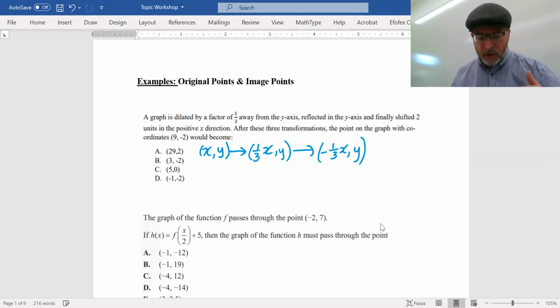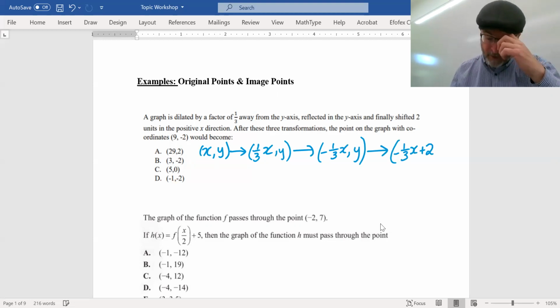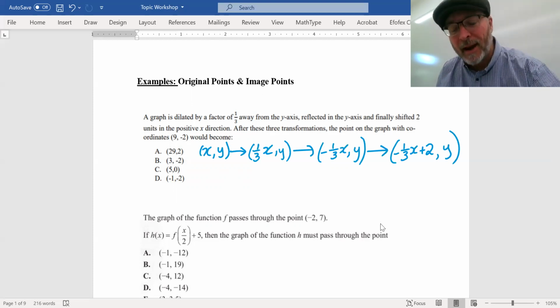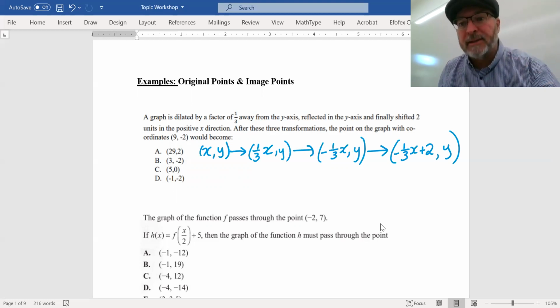And finally, it was shifted 2 units in the positive x direction. So we have minus 1/3 of x, and we moved 2 units in the positive x direction. So nothing happened vertically there in that whole situation. So that means that the image point will have the same y value as the original.